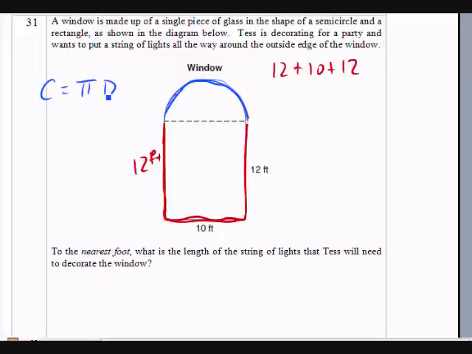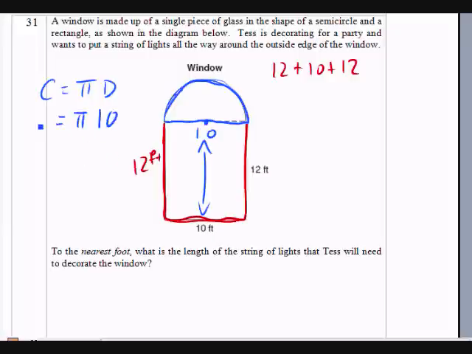What is d? D is the diameter. The diameter is this dotted line that goes from one side of the circle to the other side, passing through the center. What is the length of this diameter? It's going to be 10 because it's opposite of the other side, which is 10.